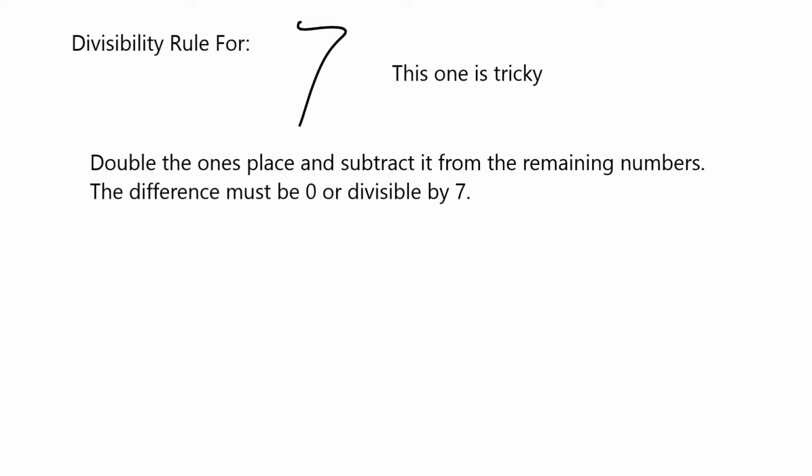7 is a bit tricky. In fact, teachers don't usually even teach a divisibility rule for 7. But it is kind of amazing that this trick does work every time. Let's take a big number, like 217. To determine if it's divisible by 7, first look at the last digit in the ones place. You need to double it.